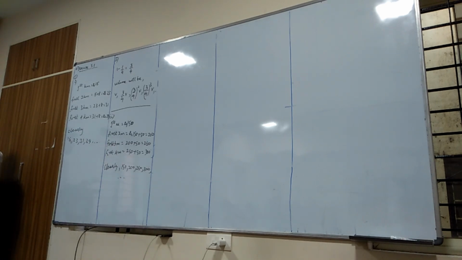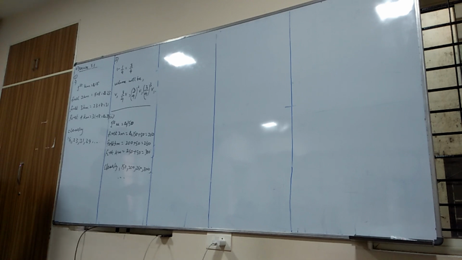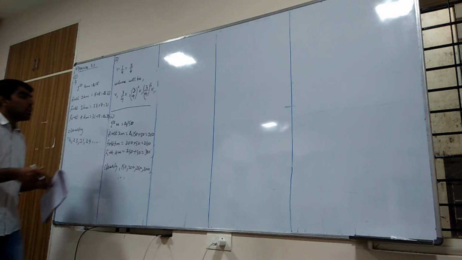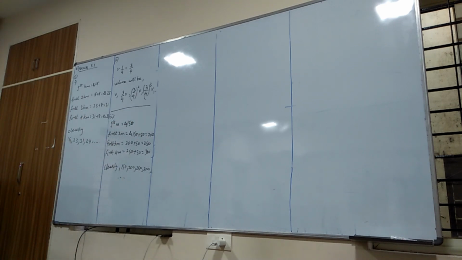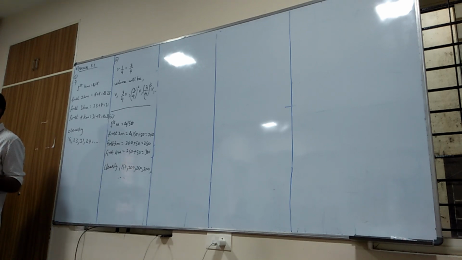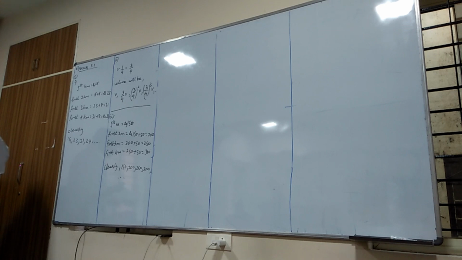Sir, where have they given, sir? What given will you write, sir? If you want, write given: A is equal to 150, D is equal to 50, and go. This is a word problem, you have to write statements for this.